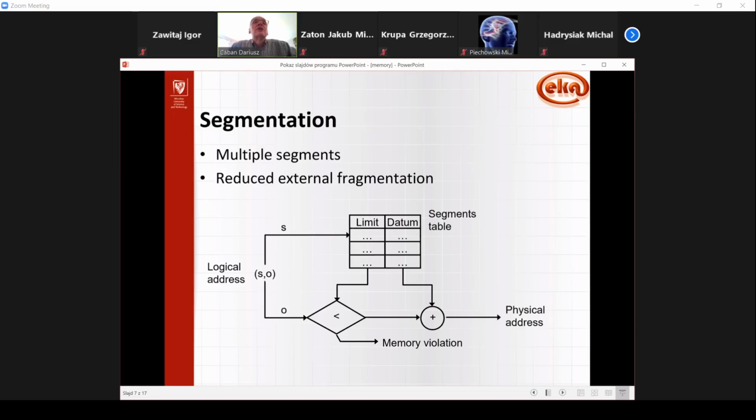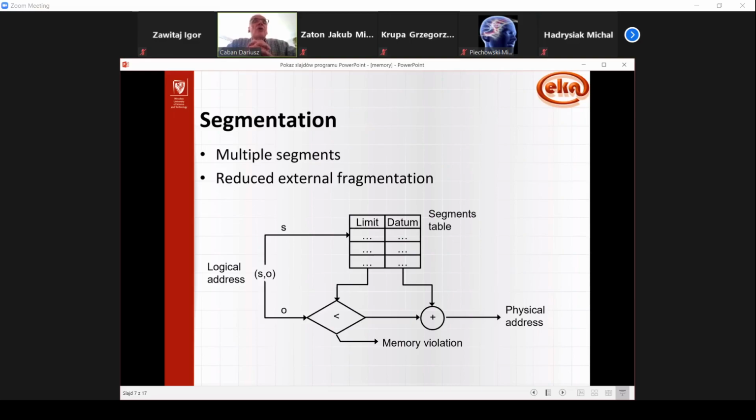Okay, this approach reduces external fragmentation. It does not eliminate it, but it significantly reduces the problem. The idea is really quite simple.